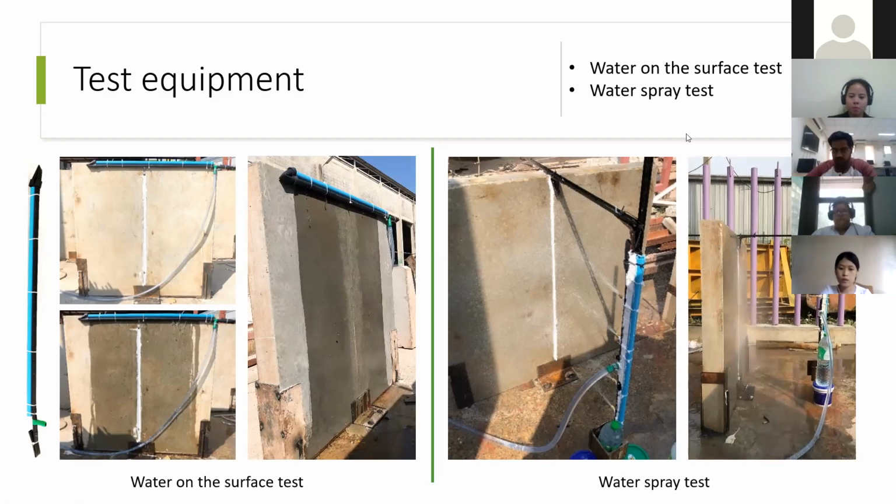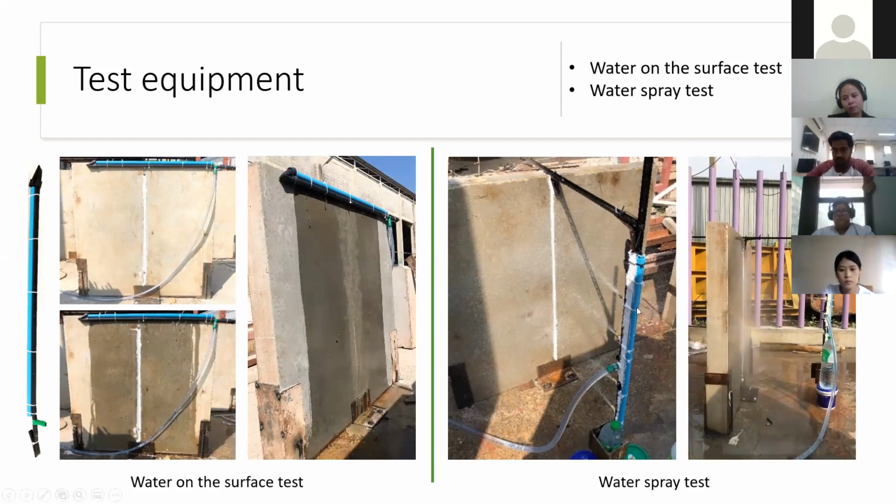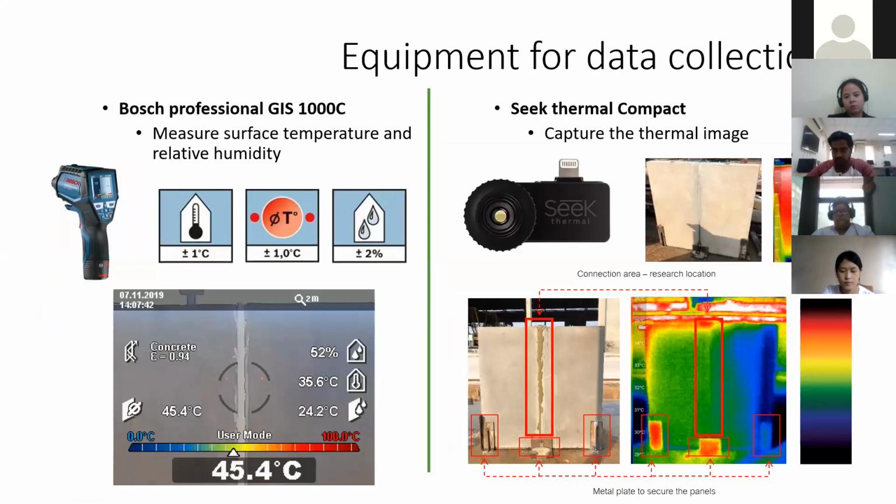The second test is the water spray test, for which I made a metal rack and put a spray nozzle on it to spray the joinery area. For data collection, I use the Bosch Professional GIS 1000C, which measures the surface temperature and relative humidity, and the Seek Thermal Compact, which captures thermal images of the panels.